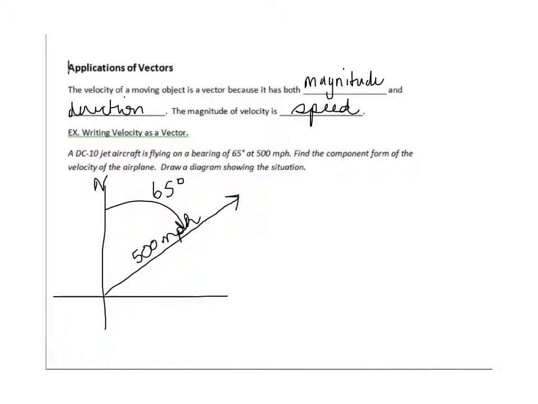So here we go. We have this bearing of 65 degrees at 500 miles per hour. And so we know that the magnitude of the vector is 500. It's the speed, right? Miles per hour. And we know that the direction angle, be careful, comes from the x-axis, counterclockwise.